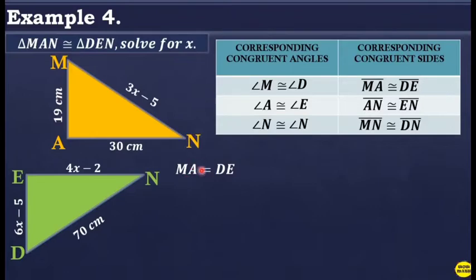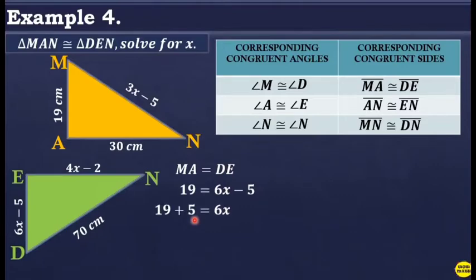So, MA is equal to DE. Let us equate them. What is your MA? 19. And your DE is 6x minus 5. So, 19 is equal to 6x minus 5. Why? Because these two sides of two congruent triangles are equal.